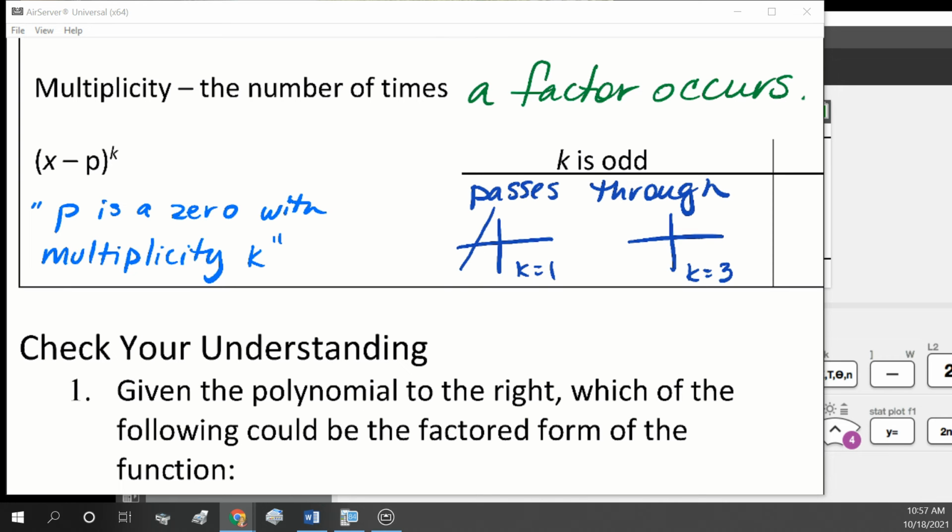It just goes straight through. Nothing weird happens there. If k is 3, it passes through like a cubic. So you'll be going, and then it bends and then continues going.